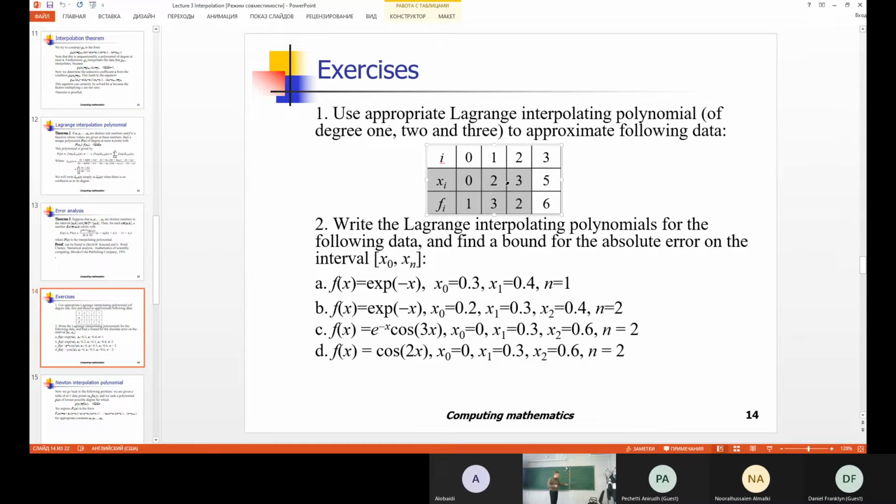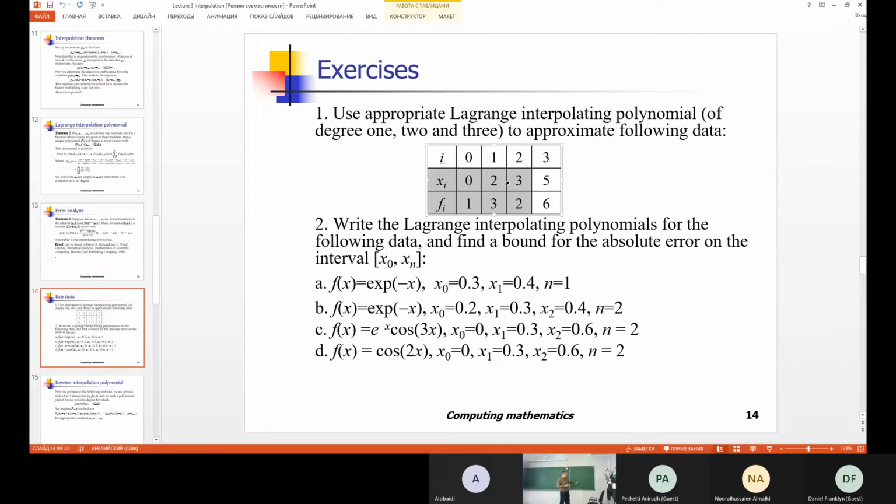And finally 5x squared minus 9, 4x squared, x minus 5, 27, and minus 8.